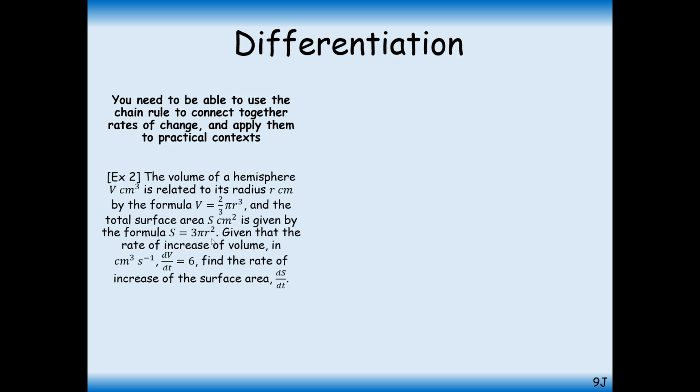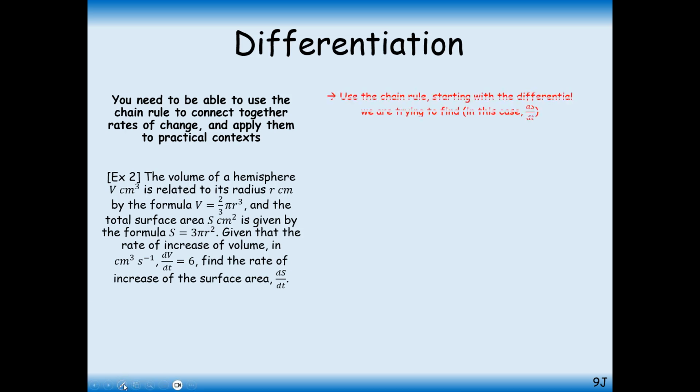Because it's a hemisphere, its surface area is actually 3 pi r squared rather than 4 pi r squared. This is a hemisphere, so this is not a standard formula for a full sphere.